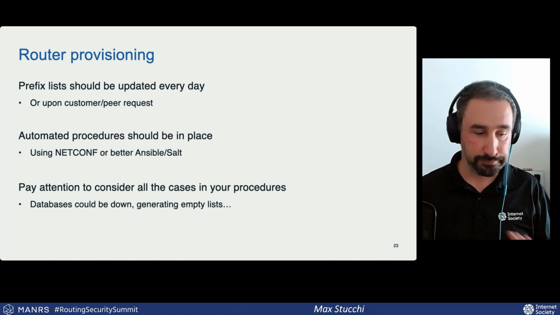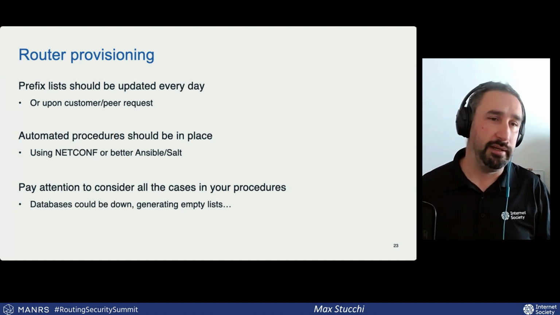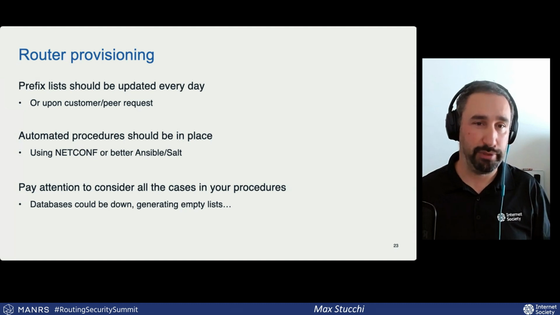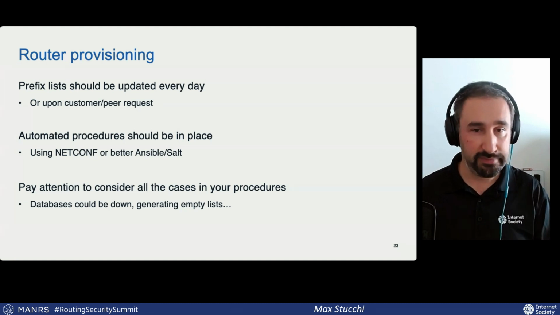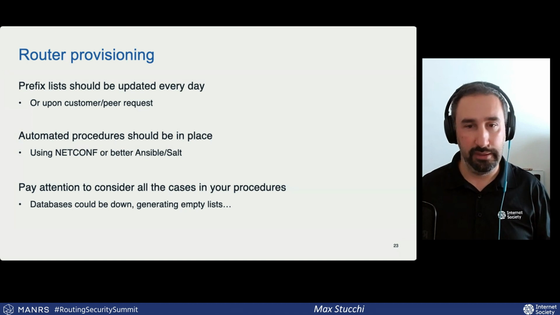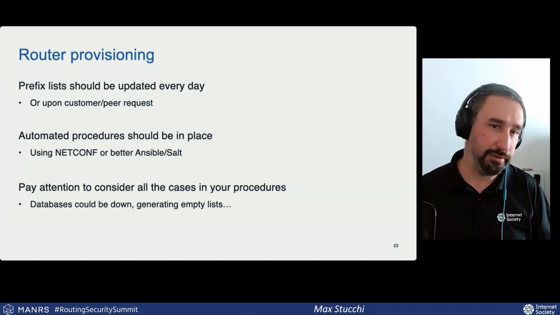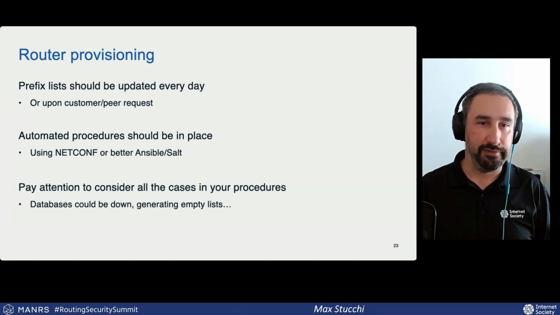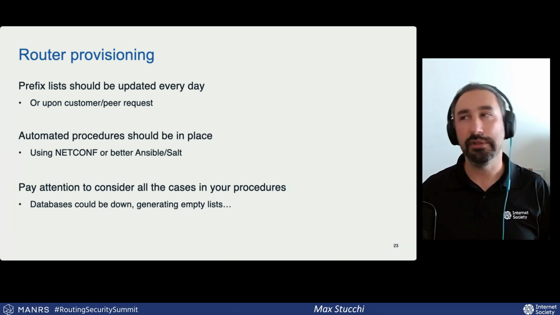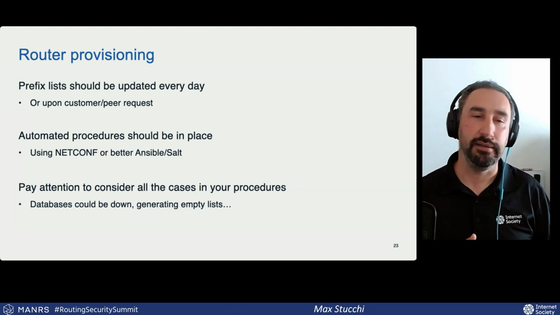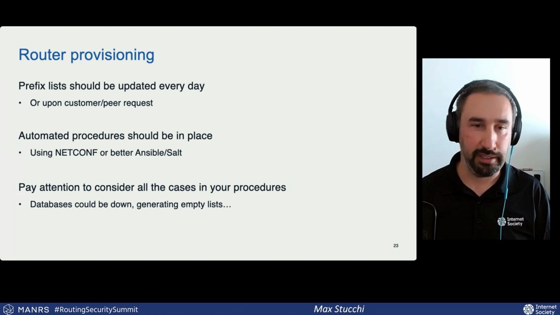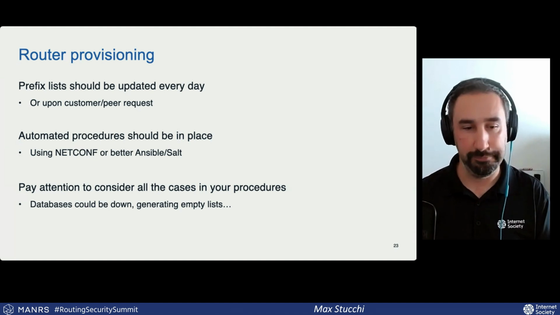So I know of cases where someone generated an empty config for prefix lists, basically filtering the whole address space out of their network. And then reconfiguring everything was, well, I wouldn't say tricky, but if you can't reach your routers from outside, you have to use an out-of-band solution to get to them.